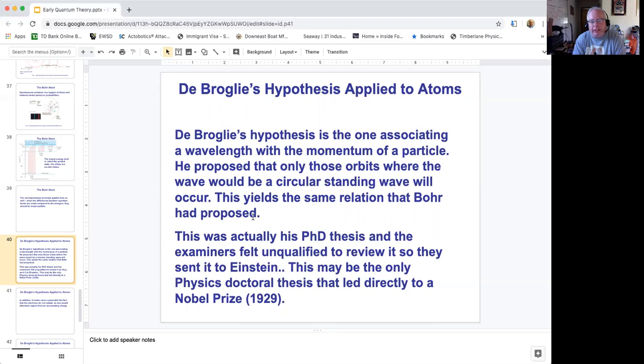And so his advisors contacted Albert Einstein to read his thesis and give his thoughts about it. And Einstein thought his ideas were great. So not only did Albert Einstein read his doctoral dissertation, it was nominated and won a Nobel Prize. So we think this is the only doctoral thesis that led straight to a Nobel Prize.